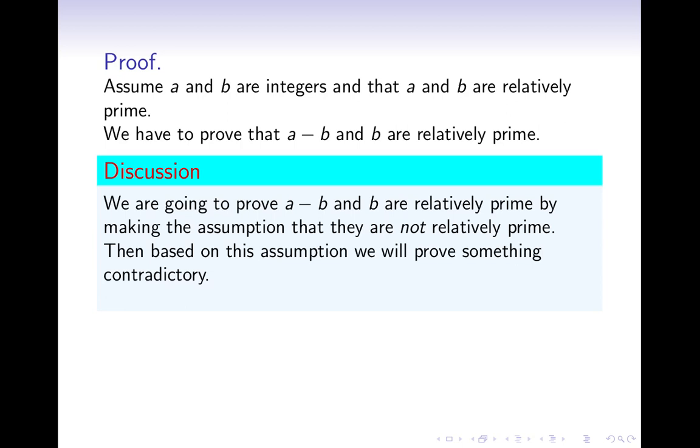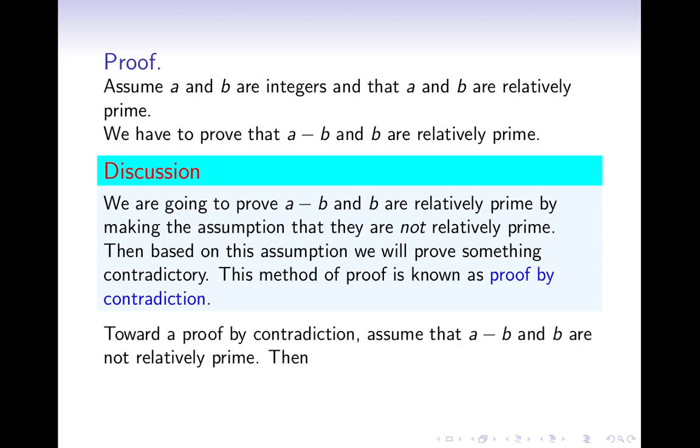And it will follow that it's impossible that the statement a minus b and b are relatively prime is false. So it must be true. And we will discuss this method in more detail later in the slides. So this is known as proof by contradiction.